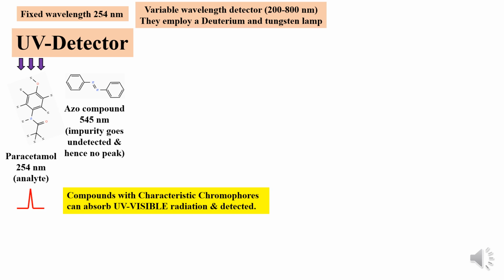Therefore you can see only the peak for the paracetamol molecule in the chromatogram and not for the impurity compound, which fails to absorb the radiation because it can absorb only in the visible region.